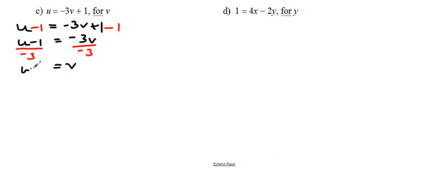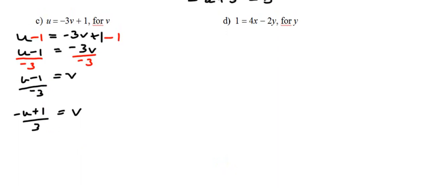You can leave it like this. I'm okay with that. Or if you want to bring the negative up and get rid of the negative in the bottom, you can do that too. So this would be minus u plus 1 over 3. So I just brought the u up and distributed it here. Or you can leave it like this. It's your choice.